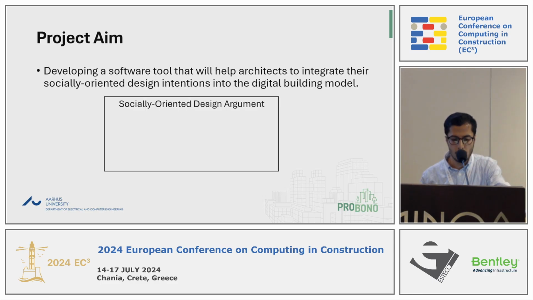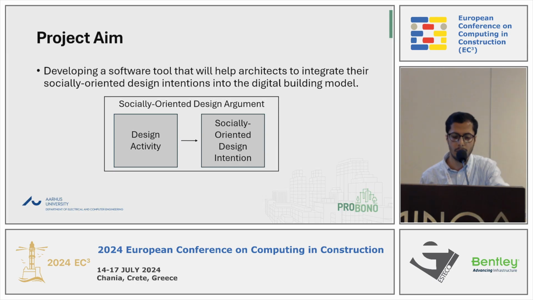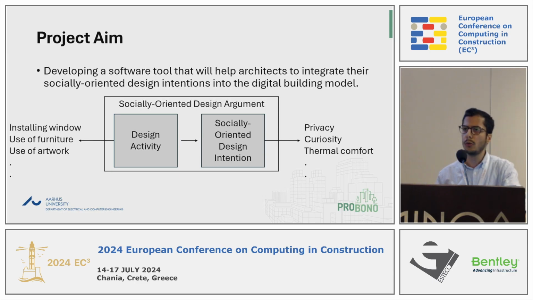What I mean by a socially oriented design argument, it is exactly those two components, the design activity and the socially oriented design intention. Design activity can include anything from installing windows to using a specific kind of furniture or artwork. And those design activities have to specifically target socially oriented aspects, such as privacy.